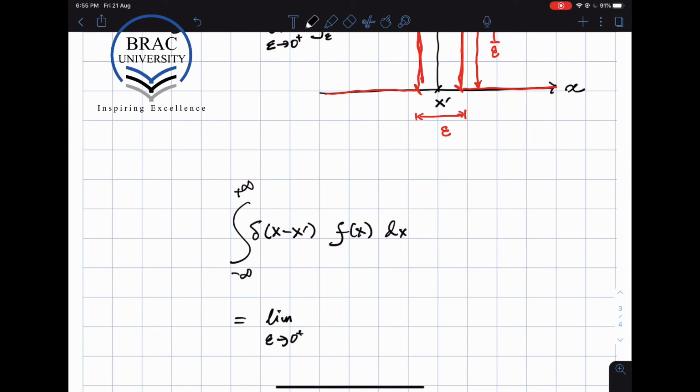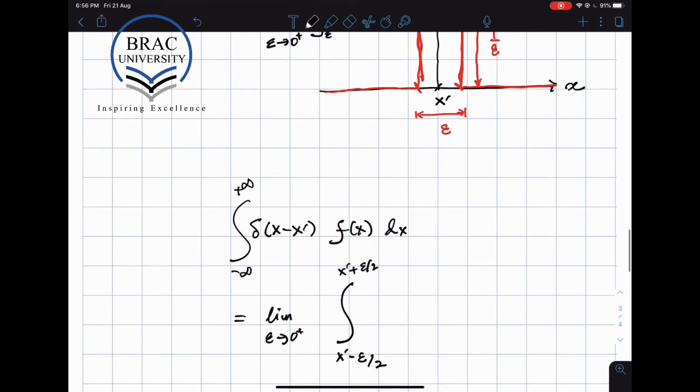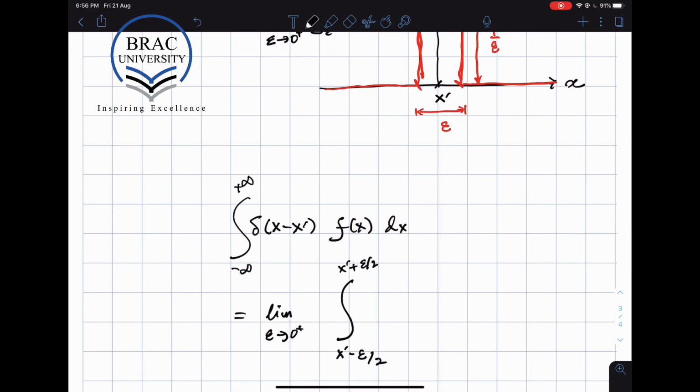And now because our top hat function is 0 everywhere except for an interval around x prime, this integral just becomes an integral from x prime minus epsilon by 2 to x prime plus epsilon by 2. Sorry, there should be a 2. And then inside, the value of this function is 1 over epsilon, and then we have our test function times dx.